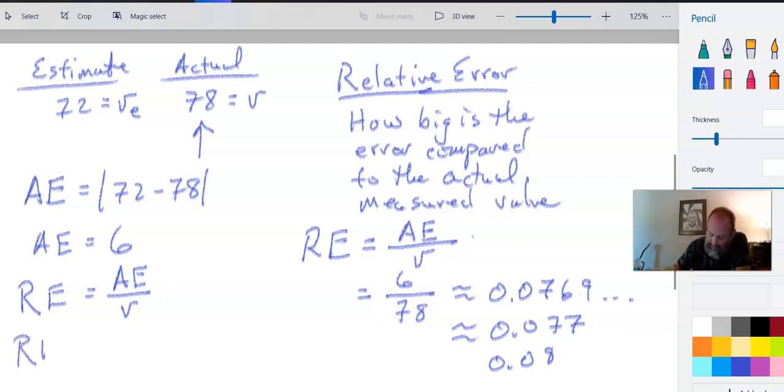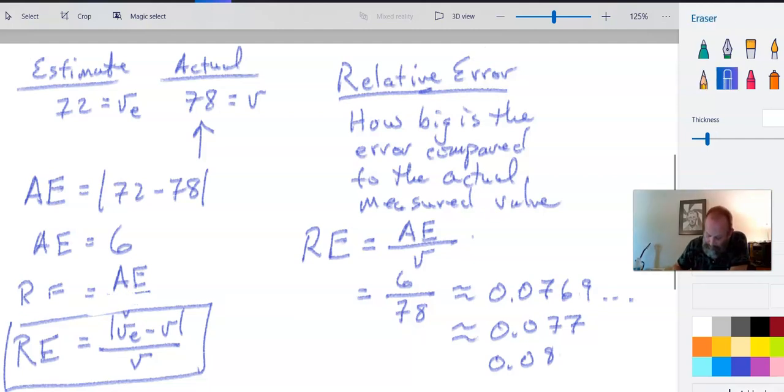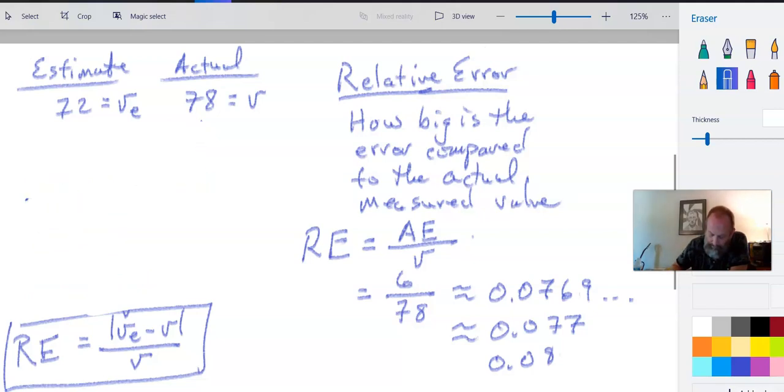We can write RE, and since AE has a formula, I can put in that formula: the absolute value of VE minus V, and I'm dividing that by V. So that's actually the formula that we're dealing with.